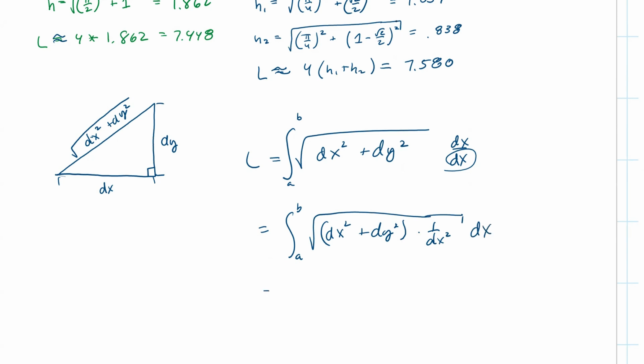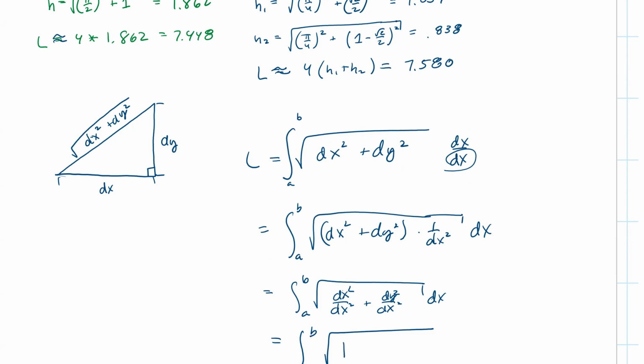And if I distribute that 1 over dx squared across both of those terms, I get the integral of the square root of dx squared over dx squared plus dy squared over dx squared, and a dx at the end. Or I get my arc length formula from A to B of the square root of 1 plus dy dx squared dx.